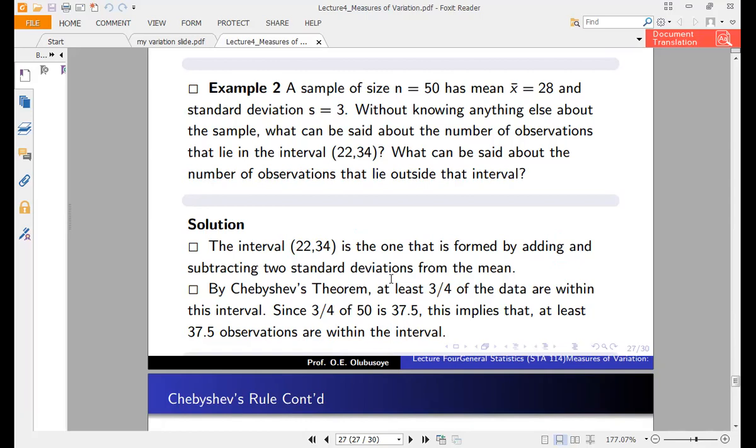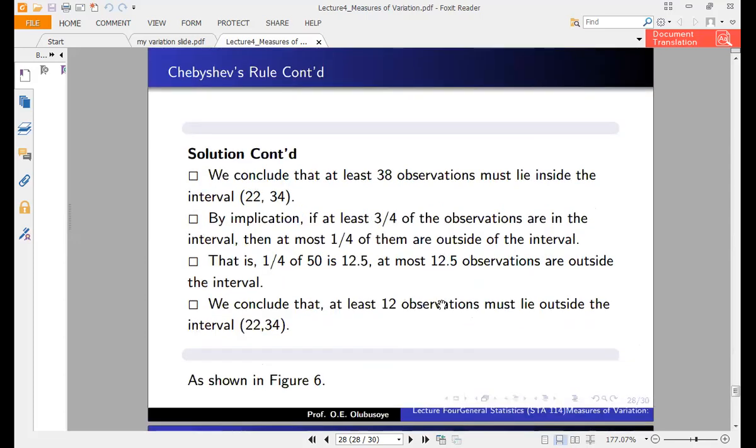So 38 out of 50 are going to lie between this range, while 12 will lie outside this range. So the way to state it without making a mistake will be that at least 38 observations will lie between 22 and 34, and at most the remaining 12 will lie outside this range. So that is the way to state that. And you can see what I have stated here. That is that about that.